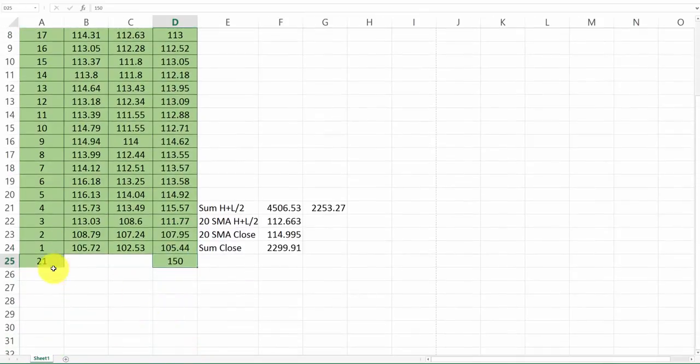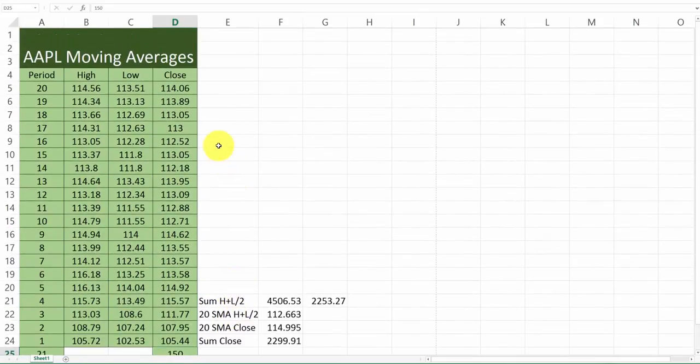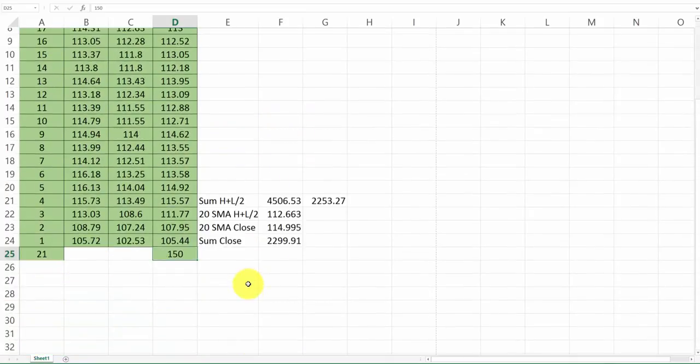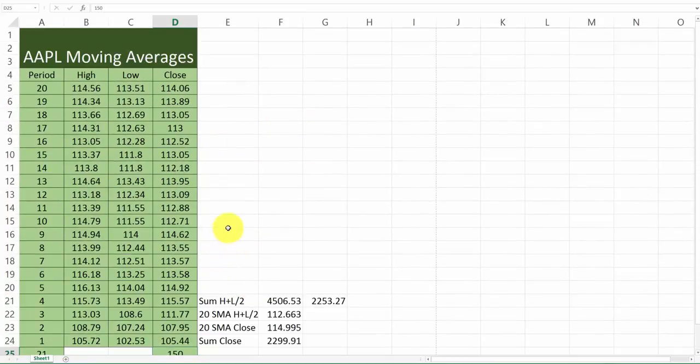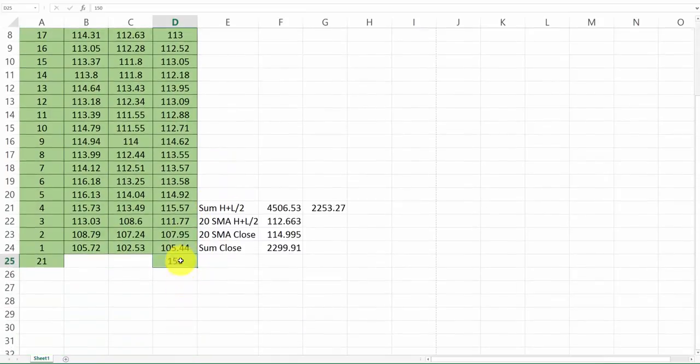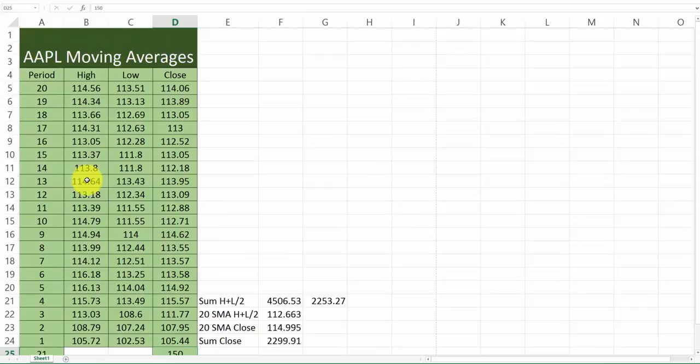Okay, so that's why something with a 3 simple moving average or a 4th simple moving average is going to be dramatically impacted by any type of big shift in these numbers. Okay, so that's how the simple moving averages are calculated. And that's something that you have to take into account when you're using them for your buy and sell signals, or even as just support and resistance levels on your chart.